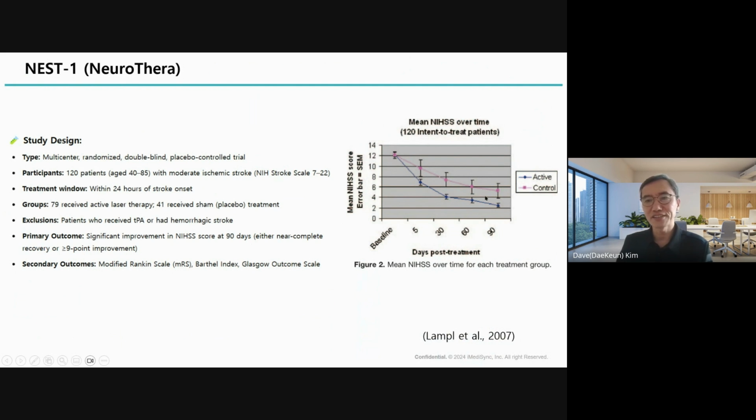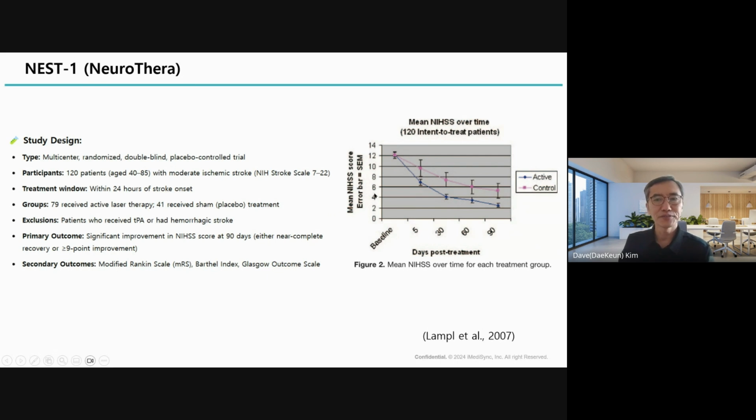This is treatment during rehabilitation, the very acute phase of stroke rehabilitation. Acute phase means within 24 hours of stroke onset. We can see a clear decrease in the stroke scale. In the active intervention, the stroke scale reduced rapidly compared to the control group. So this shows a very good intervention effect in acute phase stroke rehabilitation.